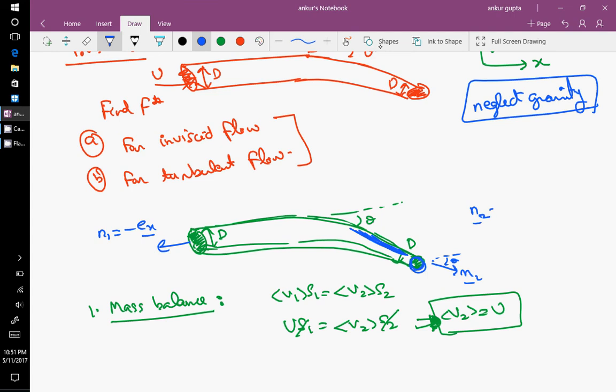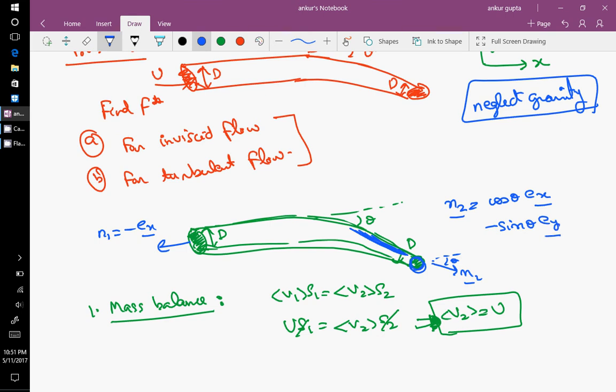So n2 vector is equal to cos theta ex minus sin theta ey.